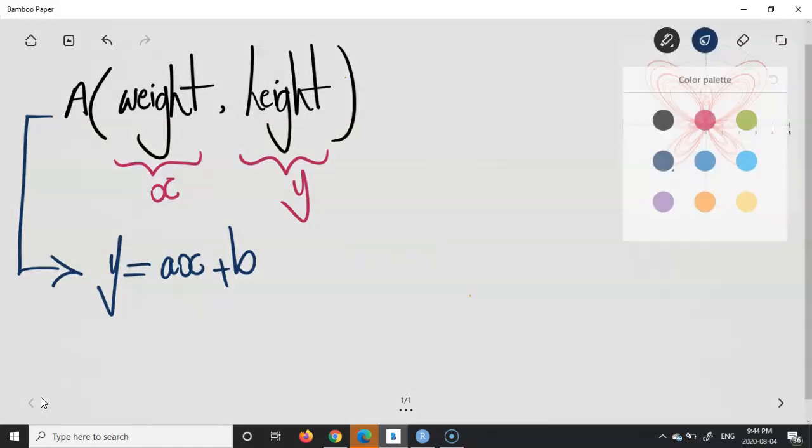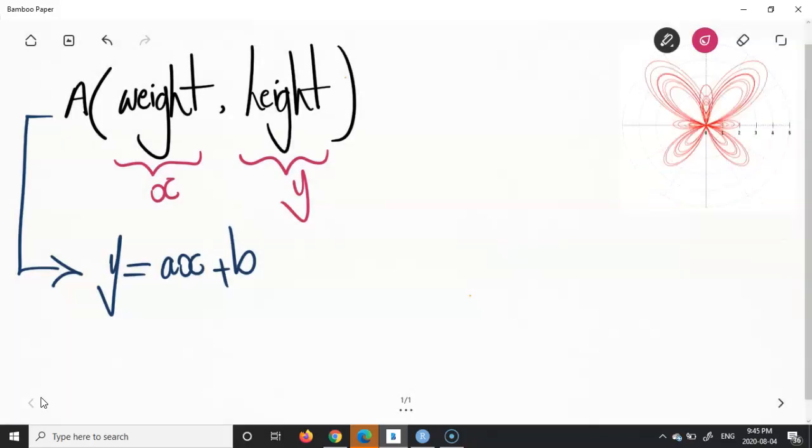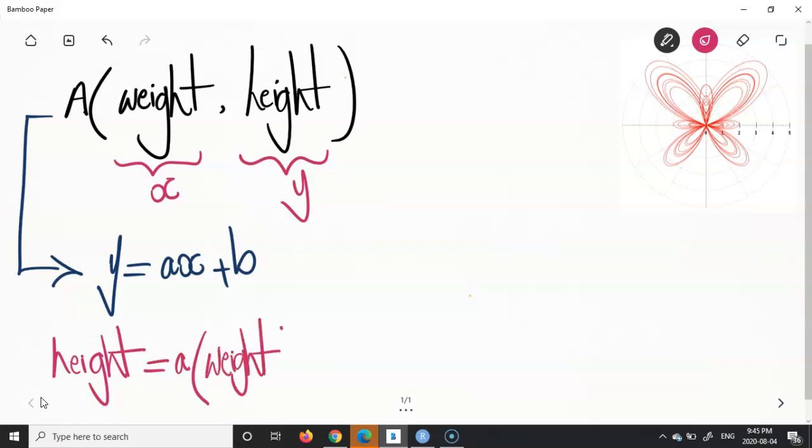In that case, we can say the height is going to be equal to slope A times weight plus B. Remember that from the Bayesian method with R that we used, we call A and B the slope and the intercept, and the main target was to make an inference and find the best estimate for these two values.